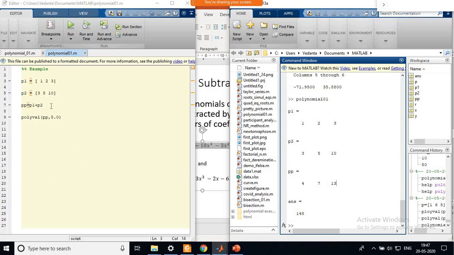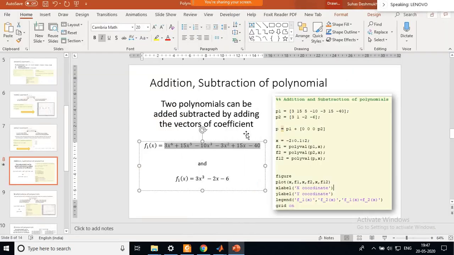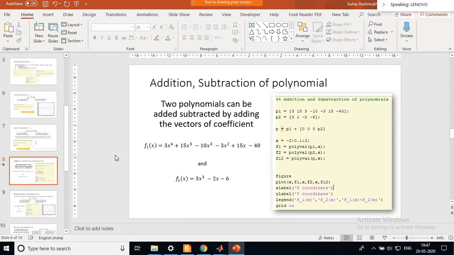This is the way you can go on adding, and if you want a subtraction, you just change the sign and you can quite easily do the subtraction. But when polynomials of different order come and you want to add them up, then a problem comes up. The problem is a simple one, not any kind of difficulty.